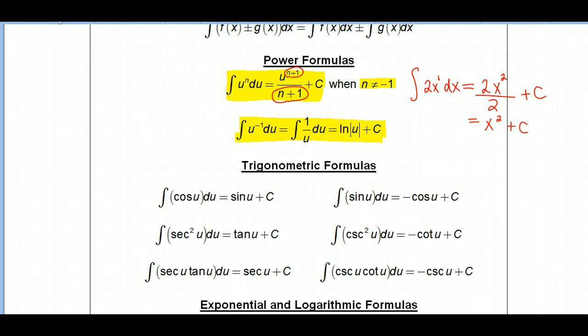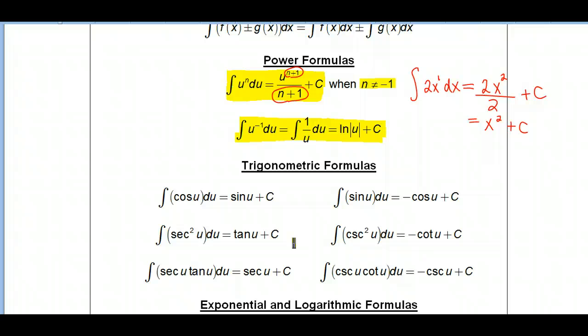Think about that: what's the derivative for ln? 1 over x. So the antiderivative for 1 over x would be ln. Notice there's absolute value. We just always have to make sure logarithms are taken of positive numbers. So when do you use this? Anytime the power is -1.